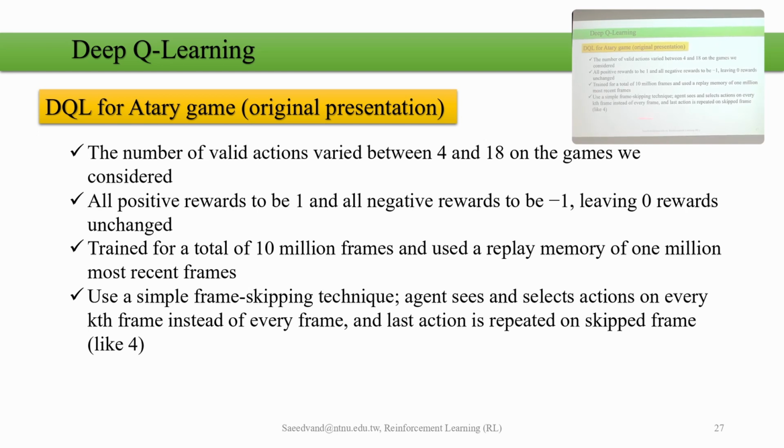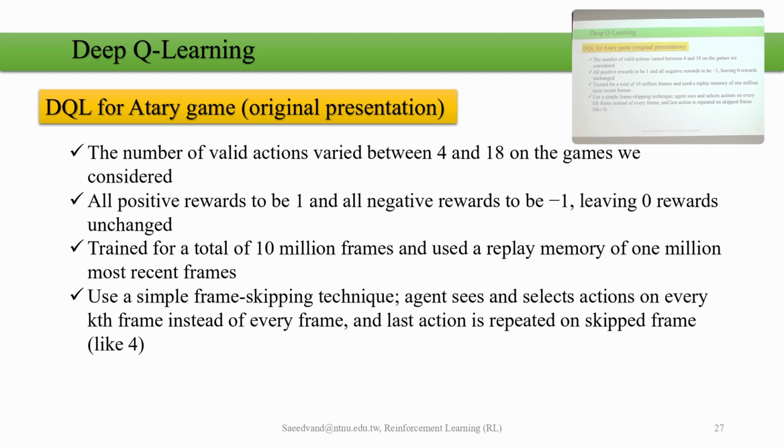So they used a simple frame skipping technique that helps to drop the frames that are useless. What does it mean? It means that if you have frames A, B, C, D up to 30, should we feed all of them to the network? The answer is not really, because they are repetitive.